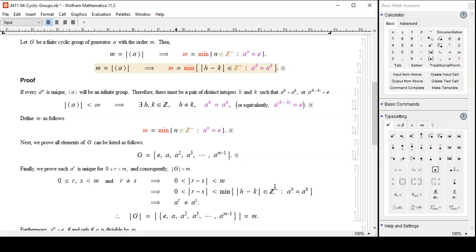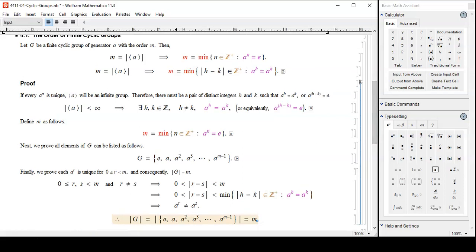And then greater than 0, so it's a positive integer, but it's less than the minimum, so this purple must be false. They have to be different. So they're all distinct. Consequently, the number of elements is precisely m.